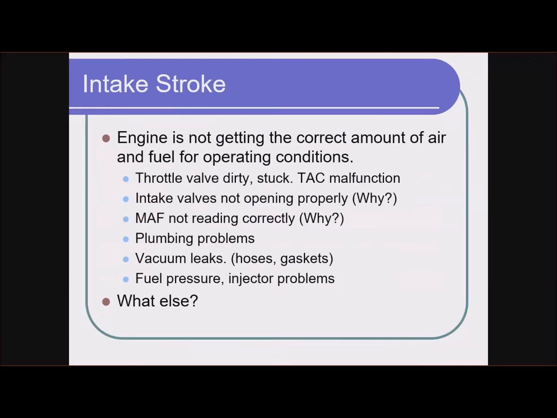The computer is not going to know about that air, so it's not going to add enough fuel. So there you go, plumbing problems, right? We could have intake manifold leakage. On more complicated engines, we have variable intake runners. Maybe they're not switching correctly. Holes in things, a lot of different possibilities.